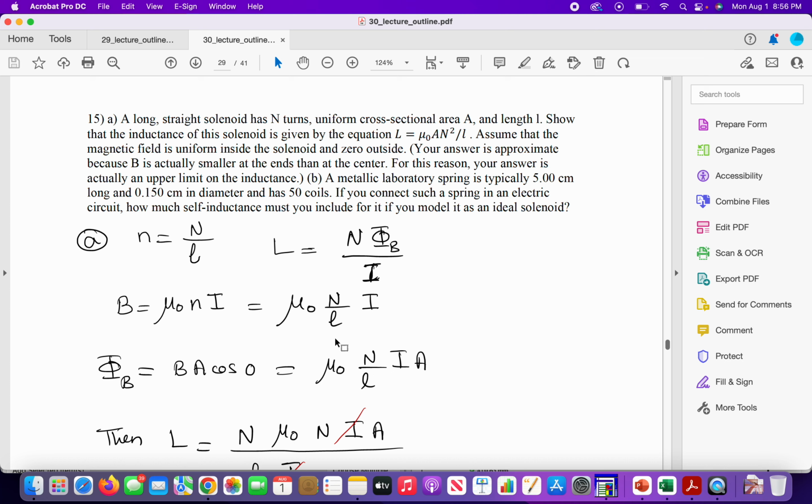First, for the first part, we know that n is the number of turns per unit length, therefore it is N divided by L, and then L is N phi B divided by I. We know also that B is mu 0 n I for the solenoid, so mu 0 N over L times I. Phi B, the magnetic flux, is B A cosine 0.